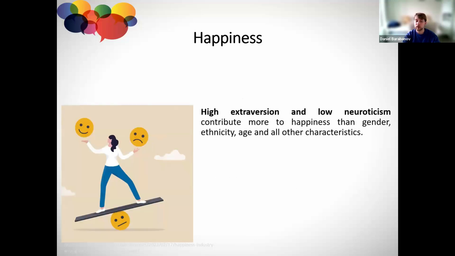So, about personality characteristics, people with high extroversion and low neuroticism, Big 5 personality traits, have a higher level of happiness. They are more active and they experience fewer negative emotions because they're extroverted.